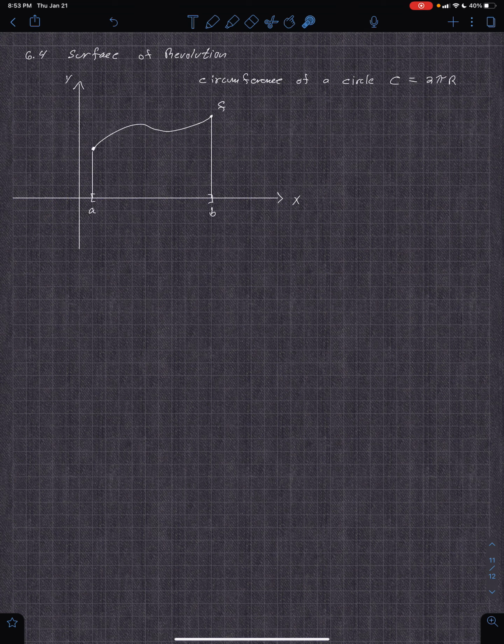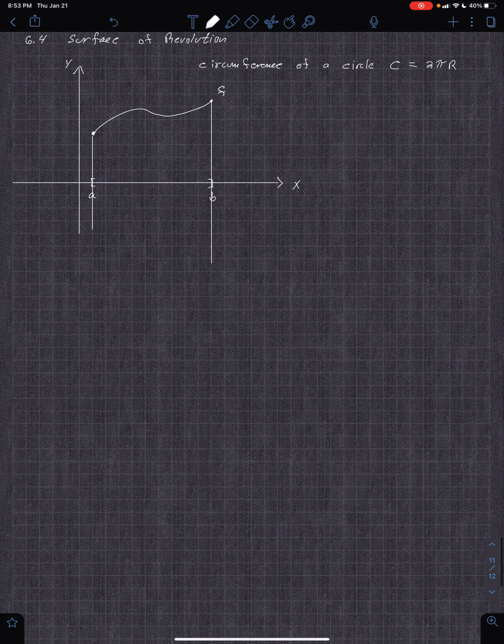So suppose you take that and revolve it. It would look kind of like this. Let me duplicate that so it gets about roughly the same height. And then it's going to look kind of like this, more or less.